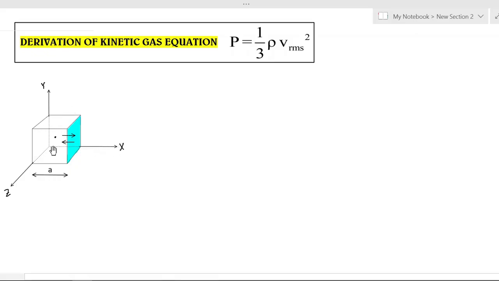This is the x-axis, this is the y-axis, and this is the z-axis. This is a cubical container in which a particular gas is kept, and here also we are assuming that n number of molecules of the gas are kept within this container, and the mass of each molecule is m.